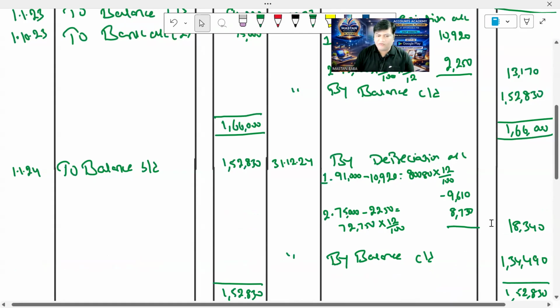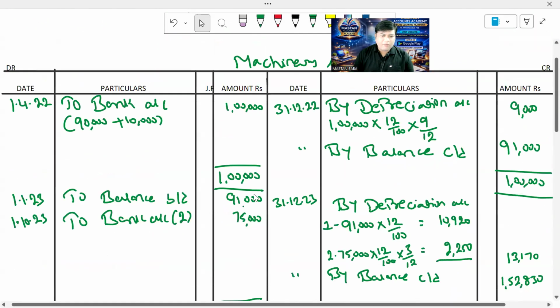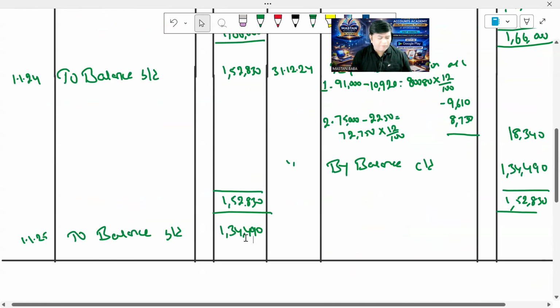Together 18,340. Or you can directly do it ma. Again I balance it ma, you will get 1,34,490. What it indicates, the 1 lakh machinery and 75,000 machinery, the value as on 1st January 2025 is 1,34,490. ఓన్లీ డిప్రిసియేషన్ క్యాలిక్యులేషన్ మెకానిజం మాత్రమే చేంజ్ అయింది.